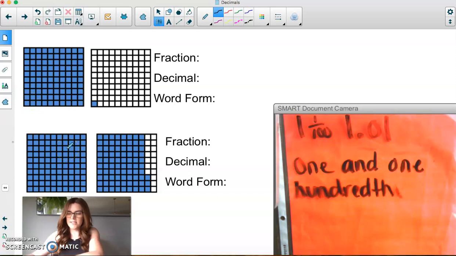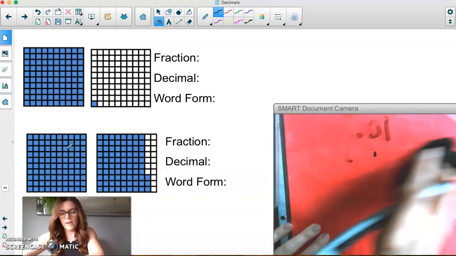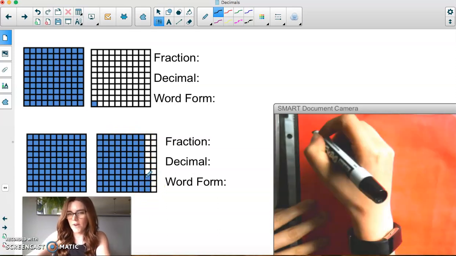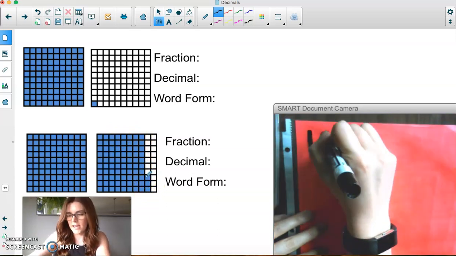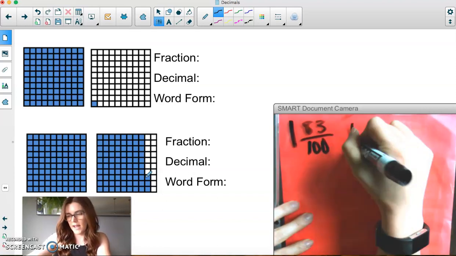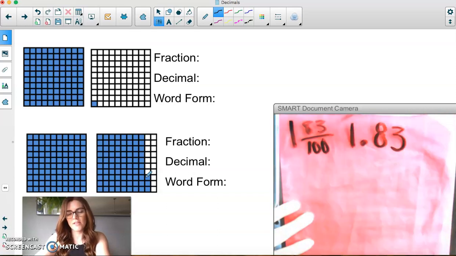Let's look at our next example. We have 1 whole, and then we have 10, 20, 30, 40, 50, 60, 70, 80, plus 1, 2, 3. So our fraction is going to be 1 and 83/100ths. Our decimal is going to be 1 and 83/100ths.